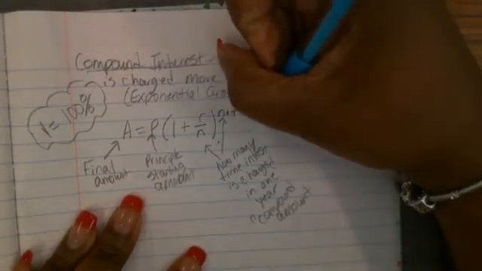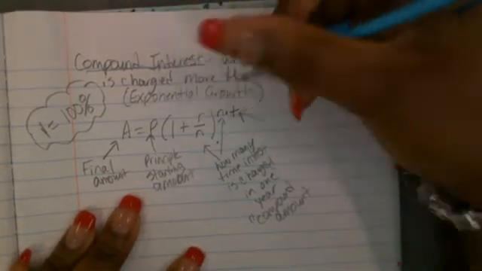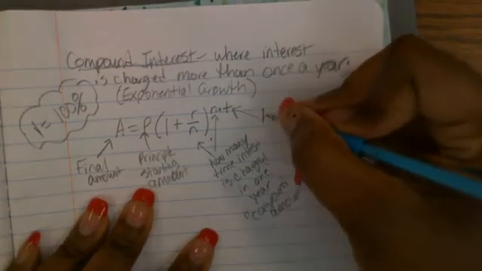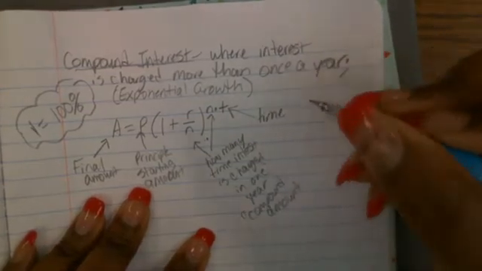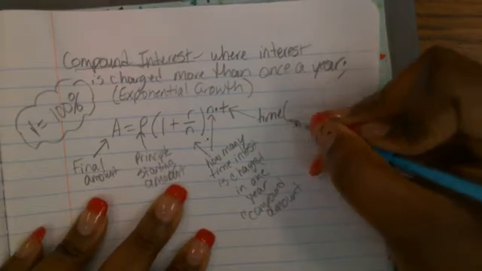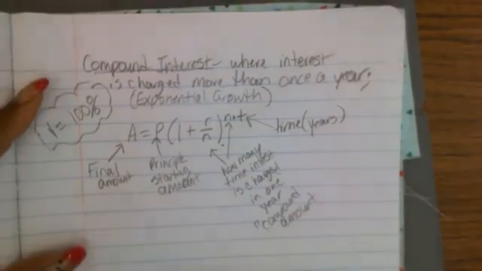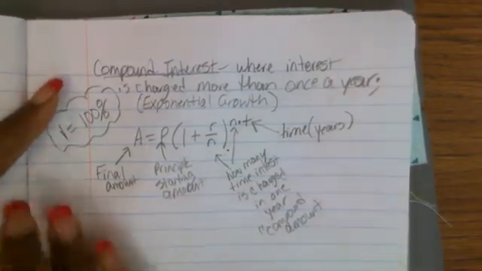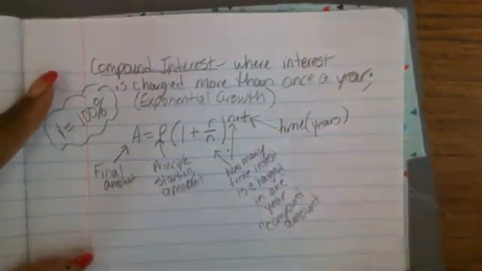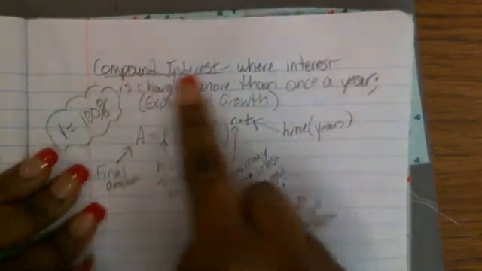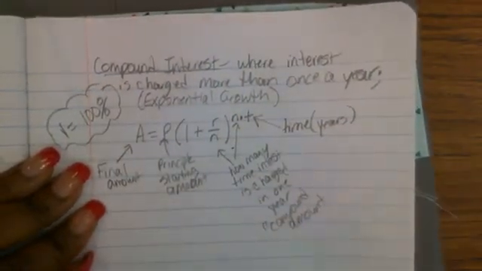Your T is your time, and the time has to be converted into years. So this is your formula. This is what you use in word problems dealing with compound interest.